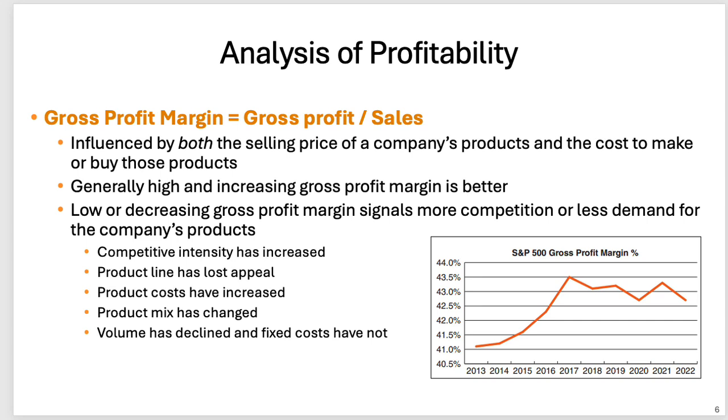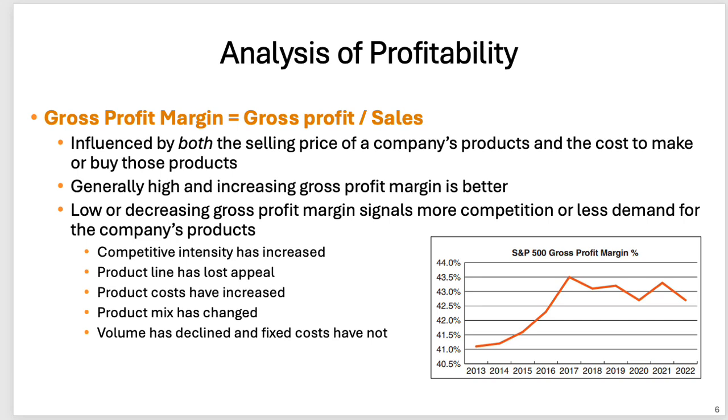Obviously, the higher gross profit that you can accomplish, given your position in the marketplace and the products and services that you are offering to buyers, generally, the higher the better. And of course, if over time gross profit margin is dropping or is uniformly low, then we have some concerns, some other things to look at.